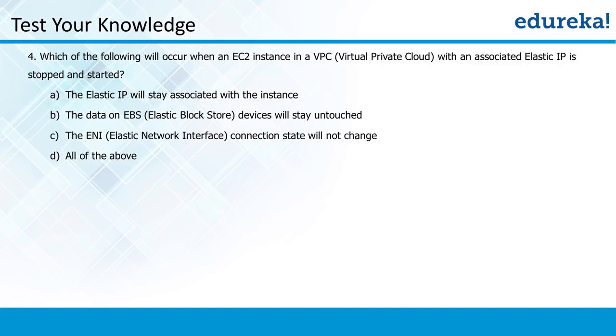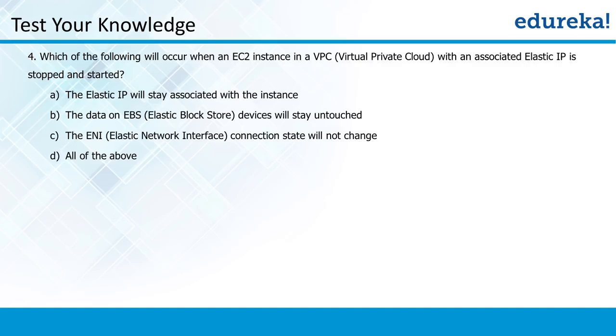All right. So the question here is, what happens when an EC2 instance in a VPC, right, with an associated Elastic IP is stopped and started? Right. So options are: A, Elastic IP will stay associated with the instance. B, the data on EBS devices will stay untouched, which means the data will be safe, right?